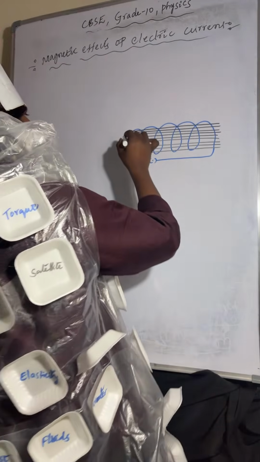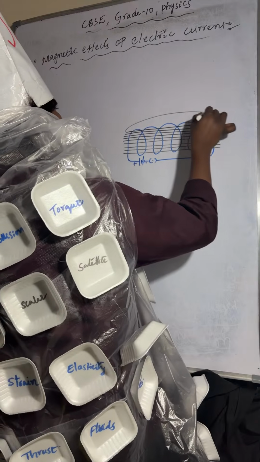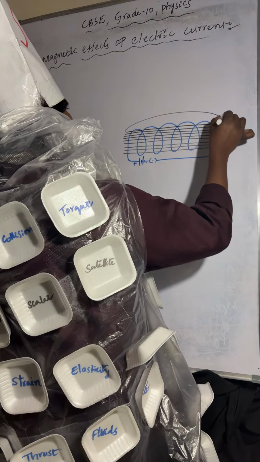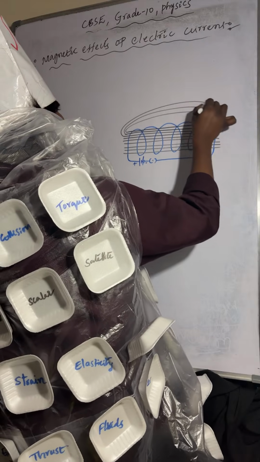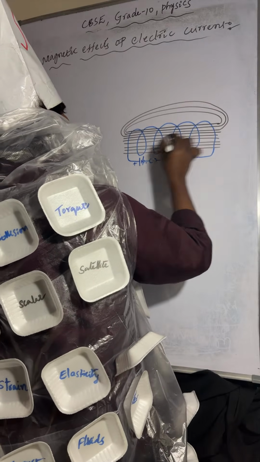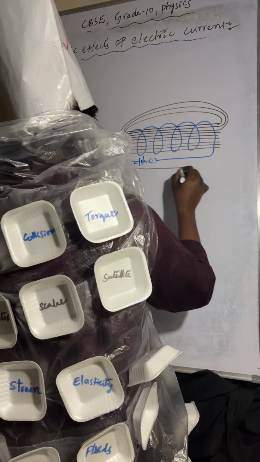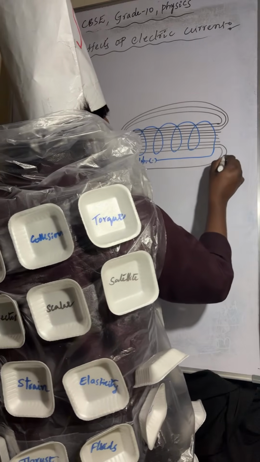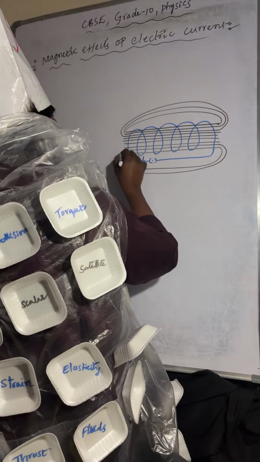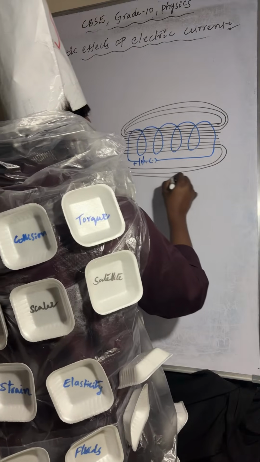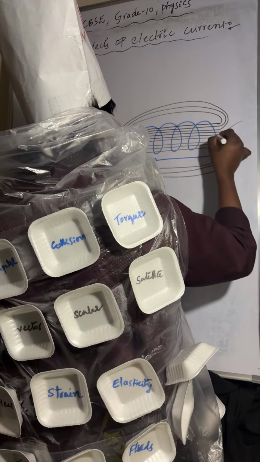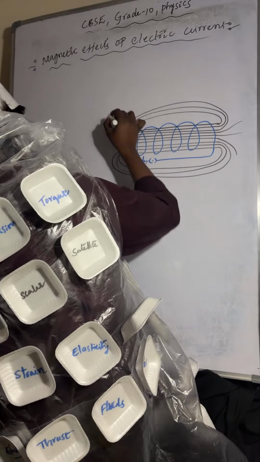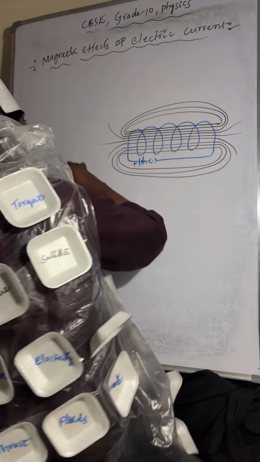So join these 3 lines: 1, 2, 3. Next 3 more lines: 1, 2 and 3. So 3 lines, 3 lines, 3 lines.